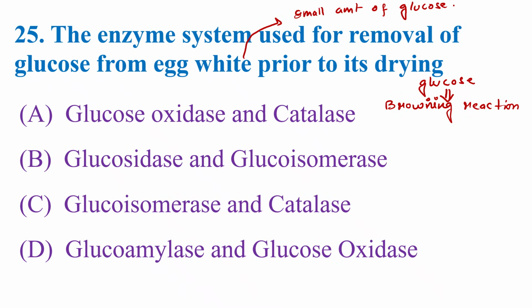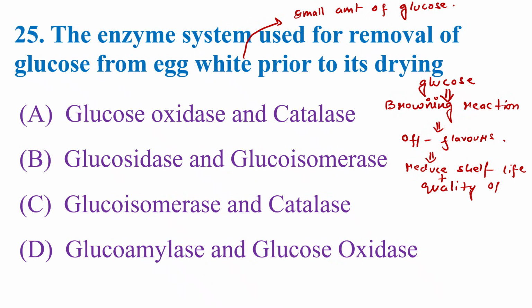It will even give off flavors to the product, which will reduce the shelf life as well as quality of the product. So industries use special types of enzymes to remove the glucose.